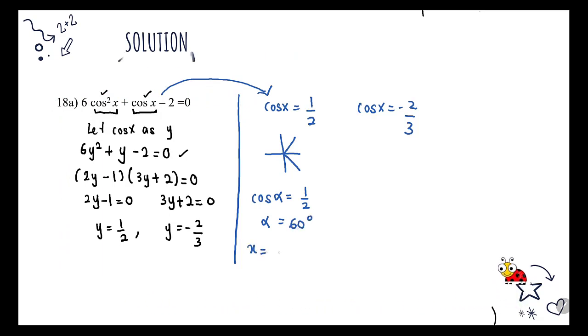Now to find x, the first angle is in the first quadrant, and to find the angle in the fourth quadrant, we take 360 minus our reference angle 60 degrees. So we will get 60 degrees and 300 degrees. Okay students, if you feel a bit confused or if you feel that I'm going fast, you need to view my previous video, because I have covered this in my previous video.